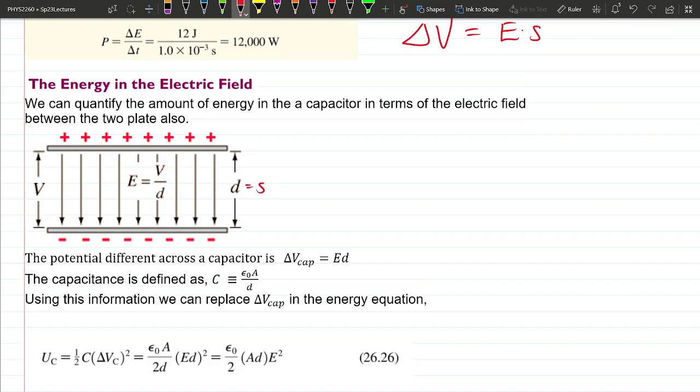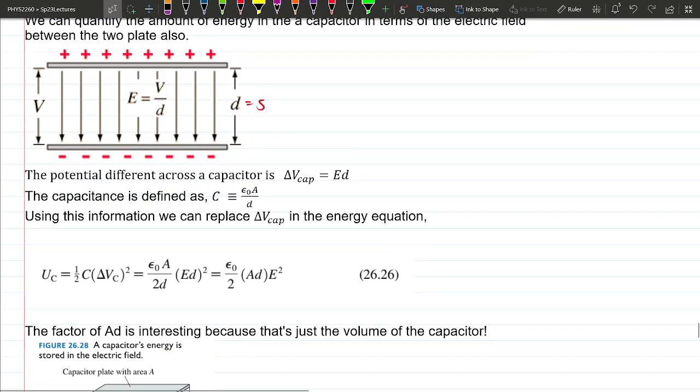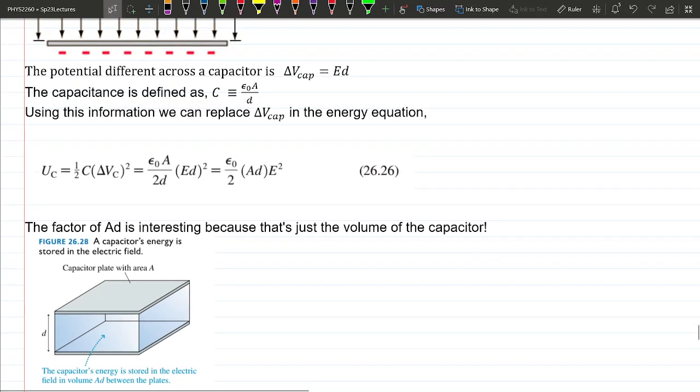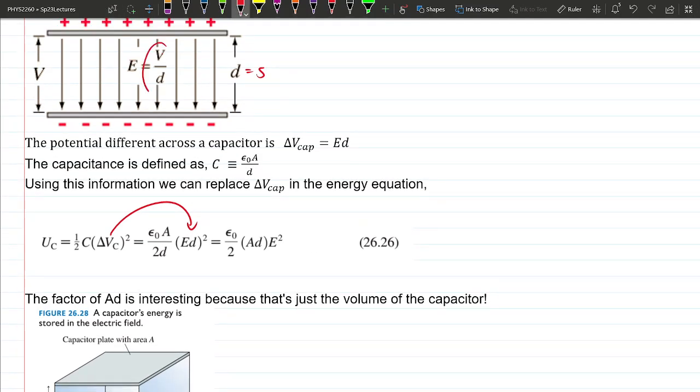So what we can do is massage the equation we just derived up top, this 1/2 times the capacitance times delta V squared. Instead of writing delta V, I can write E times D, because the voltage across here is just the electric field times the distance between them, and all of that gets squared.